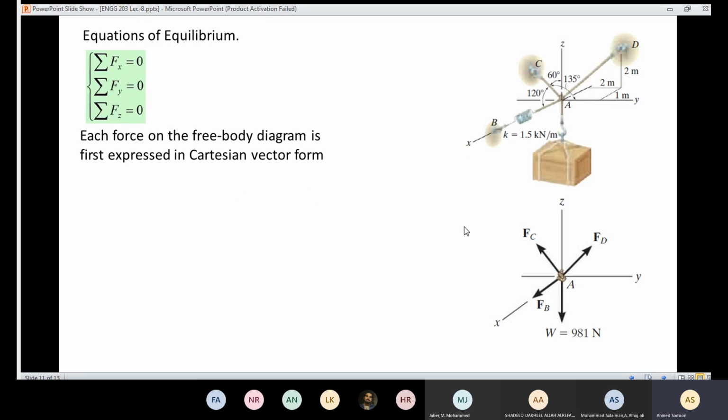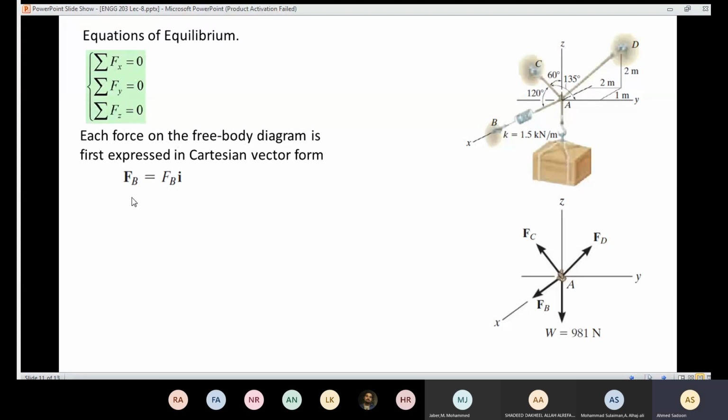Let's start with FB. Of course, this one is expressed in bold form, or if you want to express it in italic form, you need to put an arrow here to say that this is a vector.